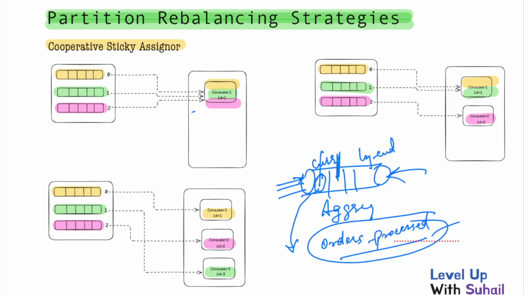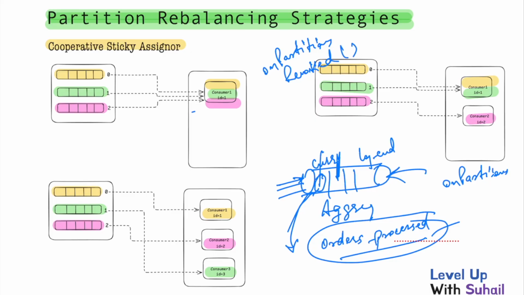So in these cases, on partitions assigned, you can get the last message and seek the offset to a particular position. And on partitions revoked, whenever the partitions are being revoked, you can commit the offsets for those messages which are already processed.